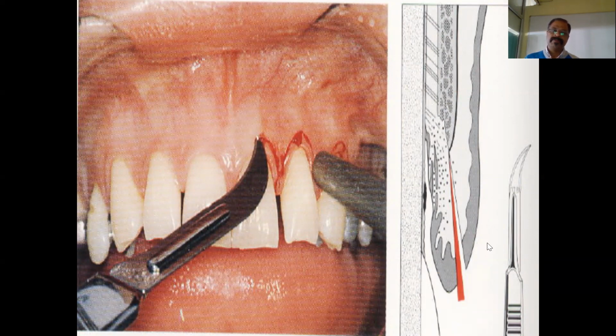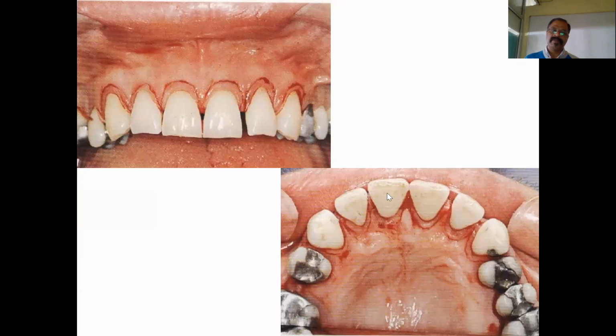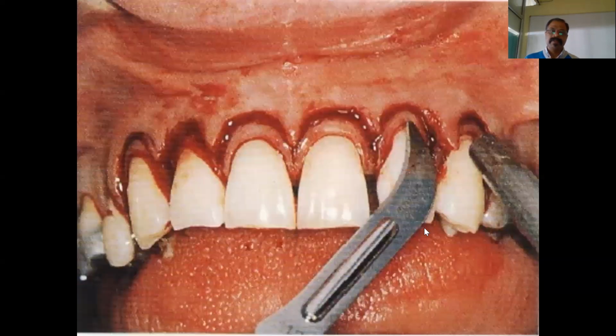The next step is you're going to reflect. This incision is completely done all along the tooth surfaces, and it is carried along the palatal aspect as well. The next one is you're going to elevate a mucoperiosteal flap, and then you're going to use your second incision, that is your clavicular incision.